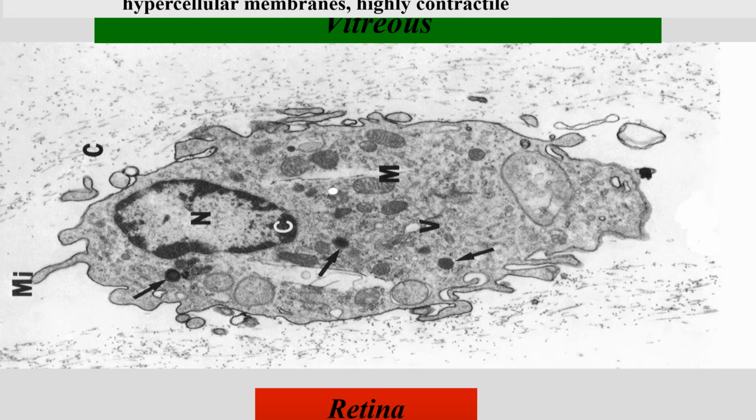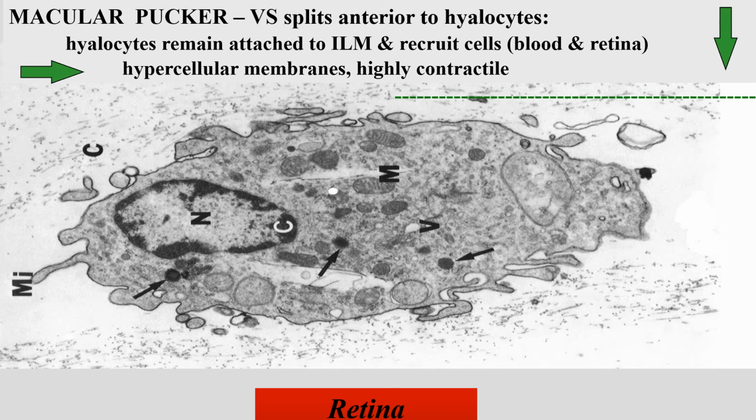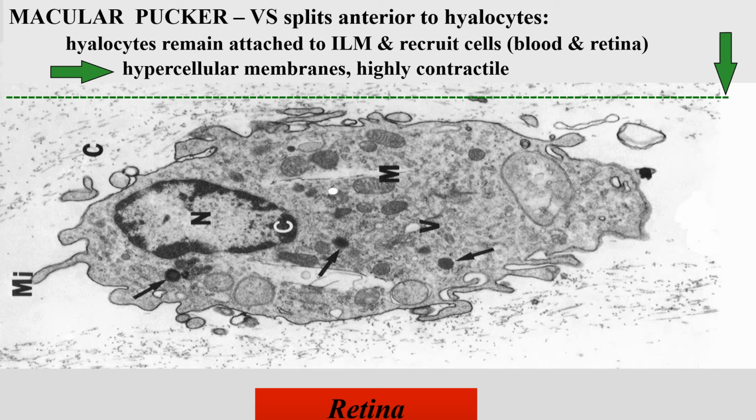If the split in a vitreoschisis eye occurs anterior to the level of hyalocytes, these cells remain attached to the retina embedded in the collagen matrix of the posterior vitreous cortex, and as mononuclear phagocytes, they attract other cells, particularly monocytes from the blood and glial cells from the retina.